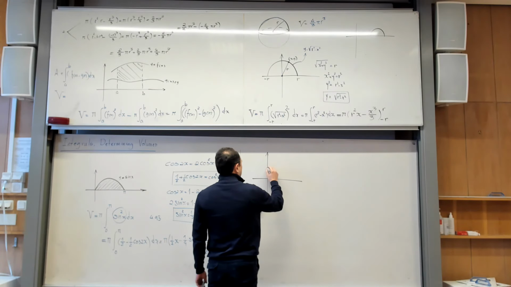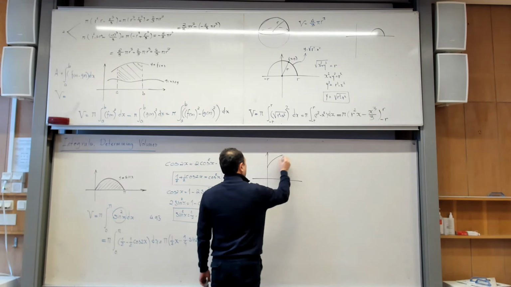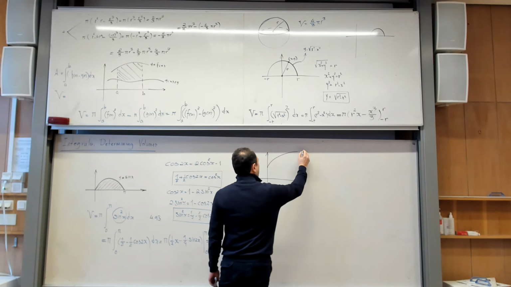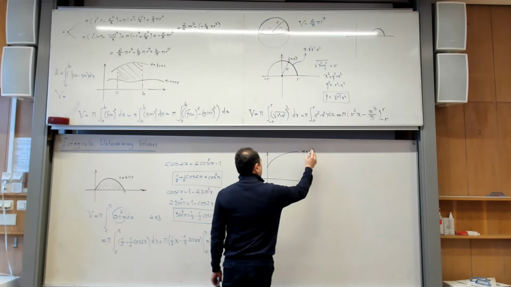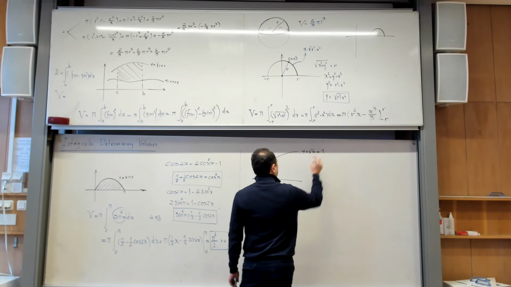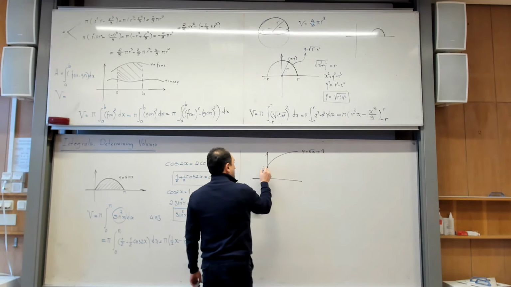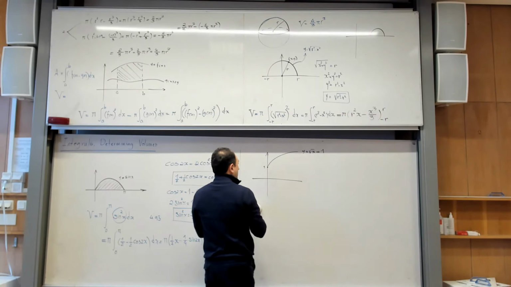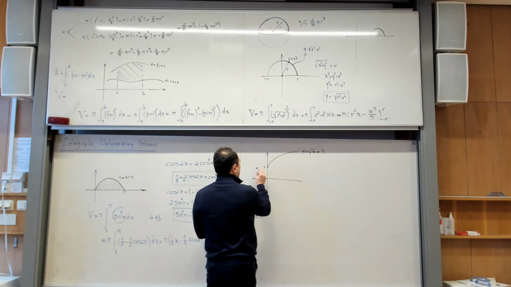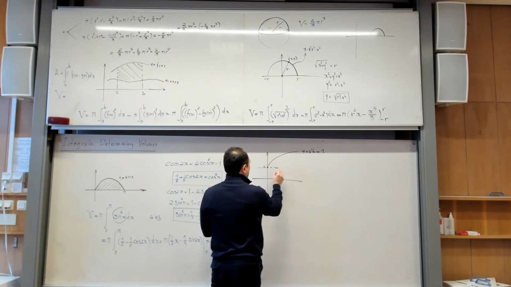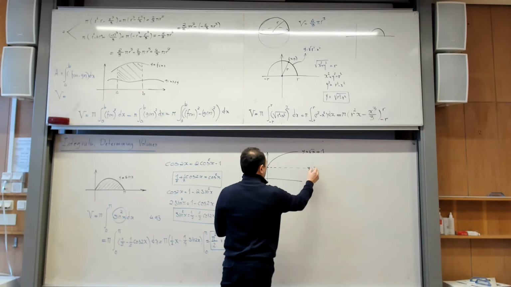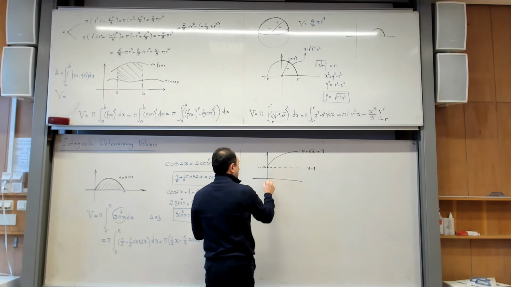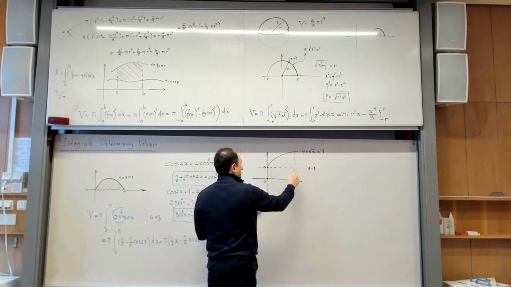So let me consider this function y equals the square root of x plus 1. Yes, this is 1. And then I consider this horizontal line y equals 1. And then I take it from 0 to 4.